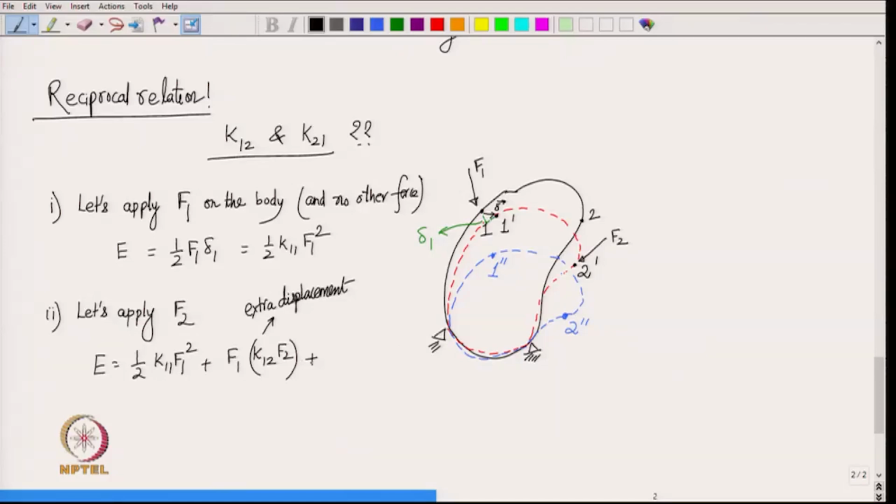Plus the work done due to force F2, and since that is being ramped up slowly, what is the work done? That is nothing but F2 into the displacement at point 2, right. But you see, this displacement is now only due to application of force F2, because F2 acts after F1 has been applied and the body had deformed.